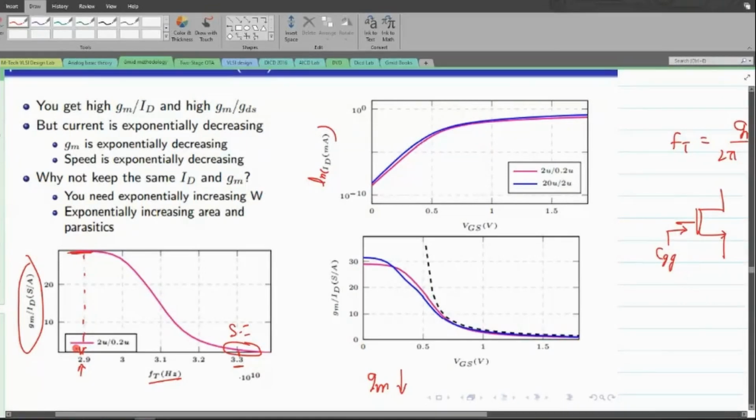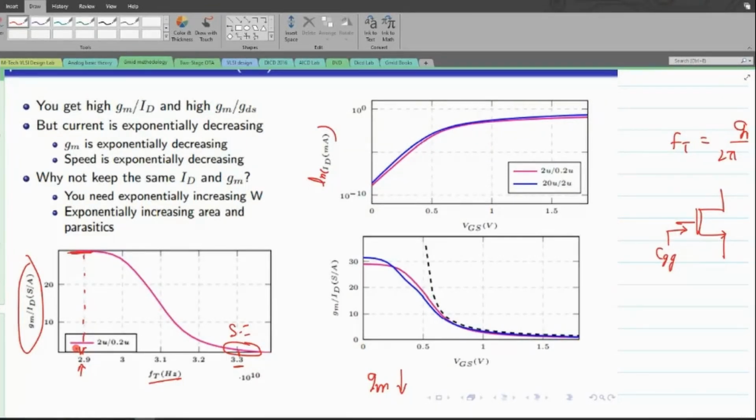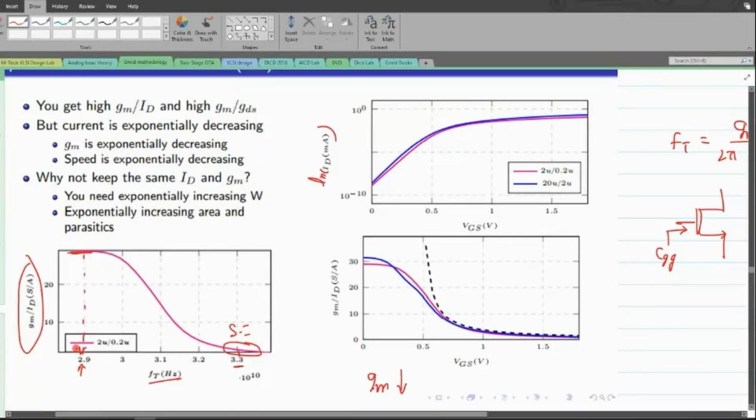Now you might wonder, is it not possible for us to increase the speed in the weaker inversion? The reason you may think so is that, as I said, the ID is basically proportional to the width. This means that if I could step up the value of the width, then the current can also be stepped up, and I can increase the current so that I can further increase the value of GM in order to maintain the same ratio.